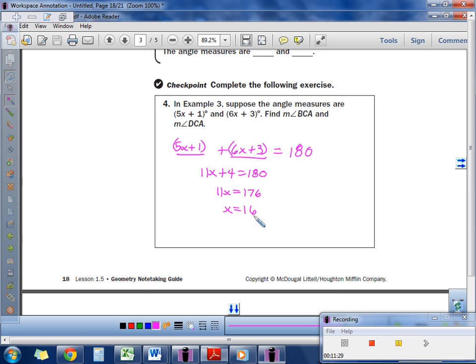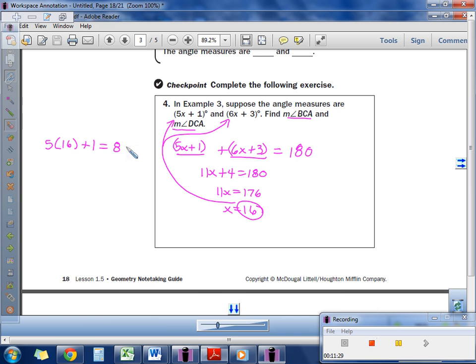A lot of people stop there, but that's not cool because you're supposed to find the values of those angles, meaning you need to take that number and substitute back into each expression. So we have two expressions we're going to have to substitute into. The first one is that 5x plus 1, so I can write that out. 5 times 16 plus 1, and what do we get? 81.